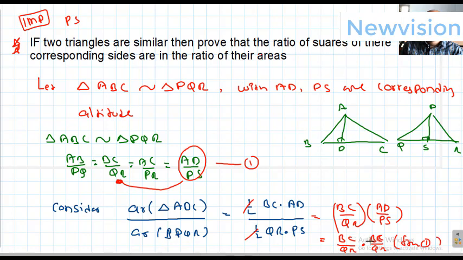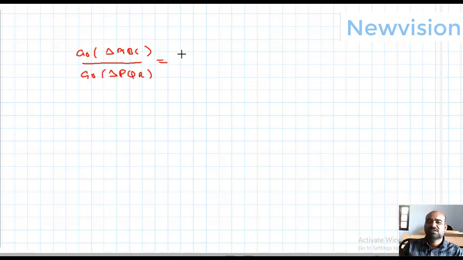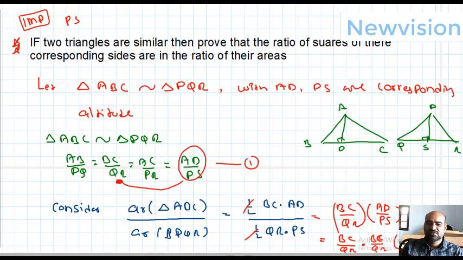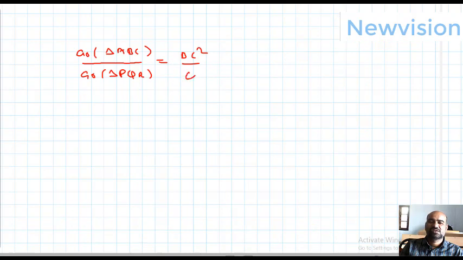Observe, BC square by QR square. So the result is area of triangle ABC by area of triangle PQR equals BC square by QR square.